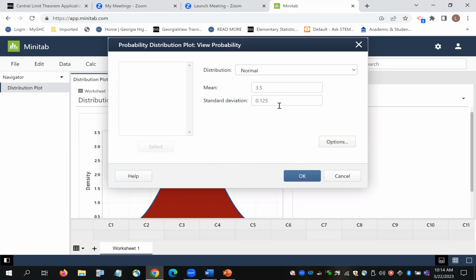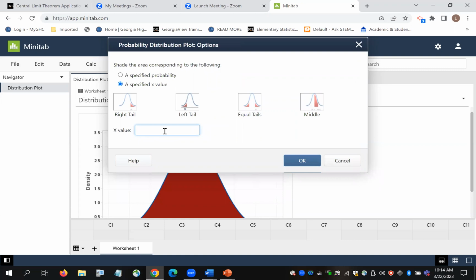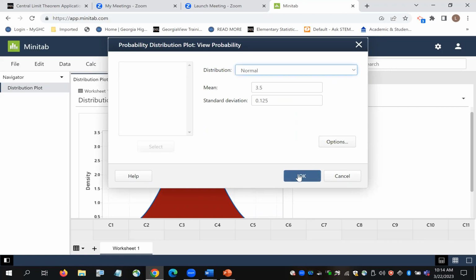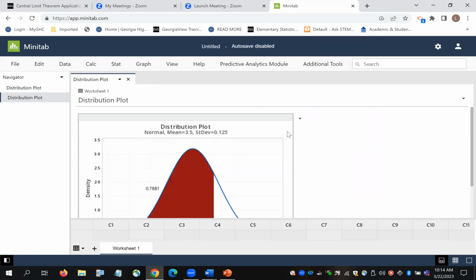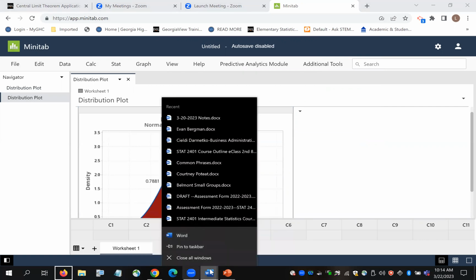My standard deviation when I apply the central limit theorem is 0.125. Options, I want to be less than 3.60. And I click OK. And I click OK. And again, you get this graph.